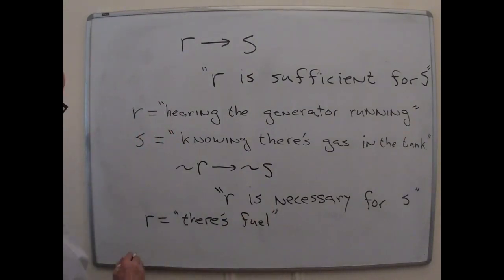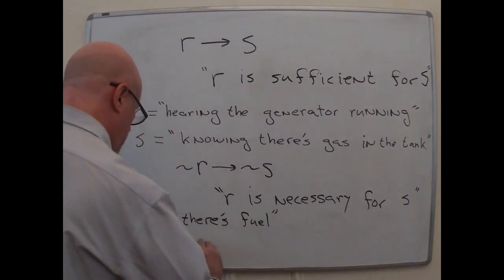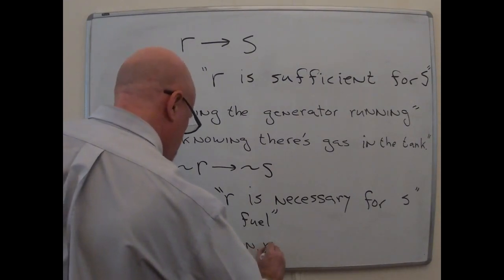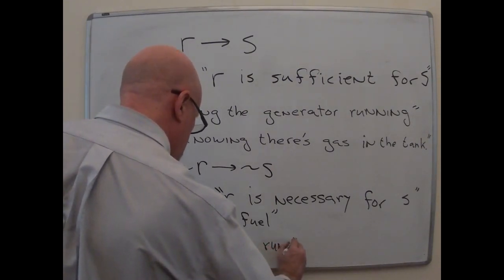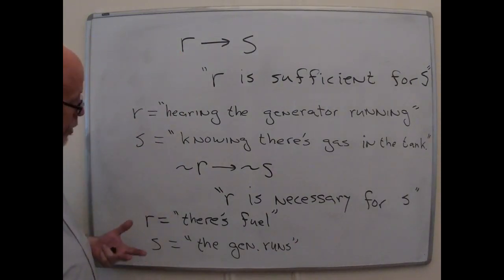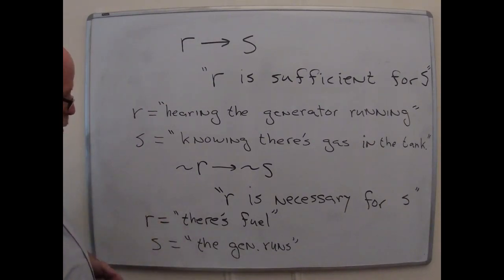And S could be the engine runs, the gen runs. Does it sound okay in natural language if I say it's necessary for there to be fuel to get the generator to run? I think that sounds right.